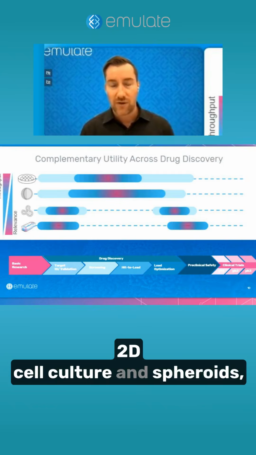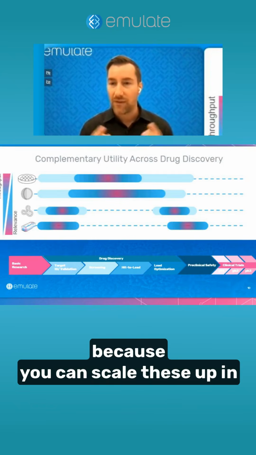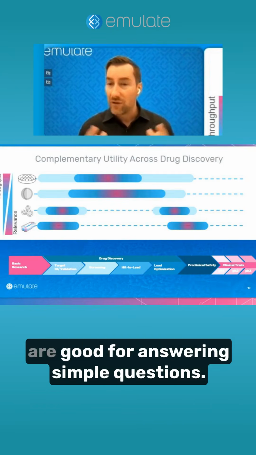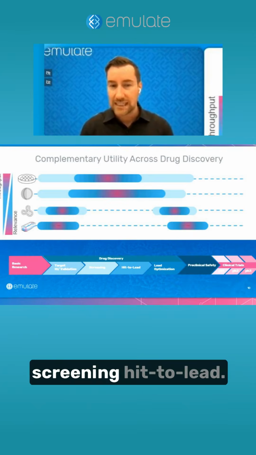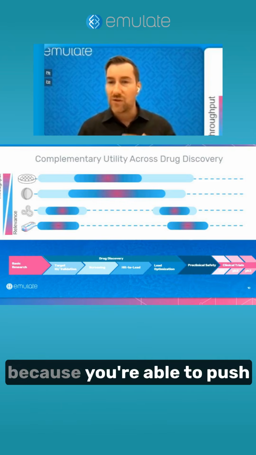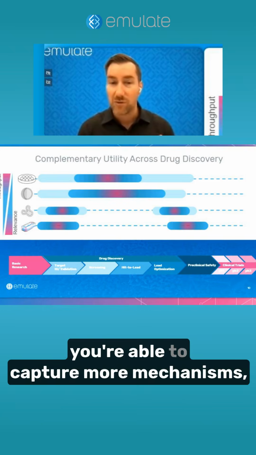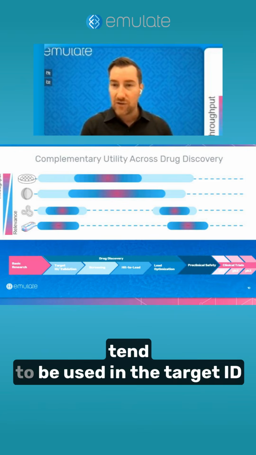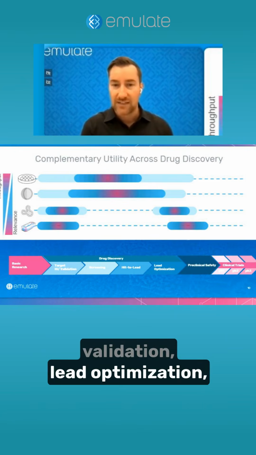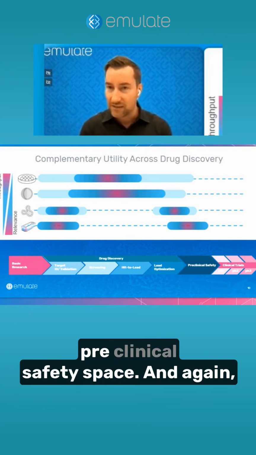2D cell culture and spheroids, because you can scale these up in a high throughput scenario, are good for answering simple questions. They're more suited for screening and hit to lead. Organoids, because you're able to push that relevance forward and capture more mechanisms, tend to be used in the target ID validation, lead optimization, and preclinical safety space.